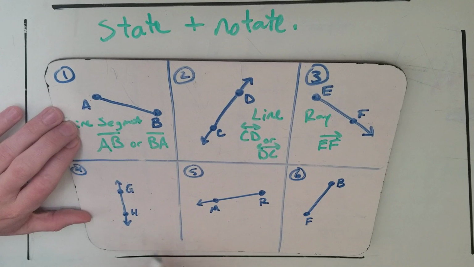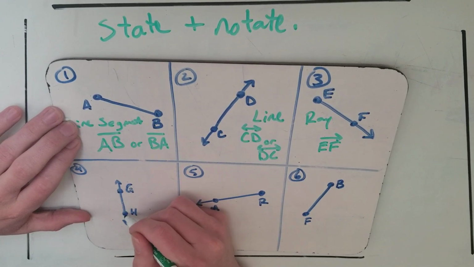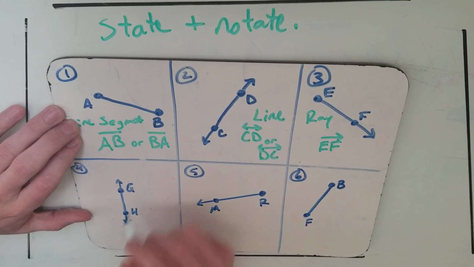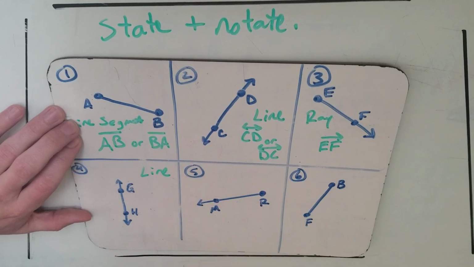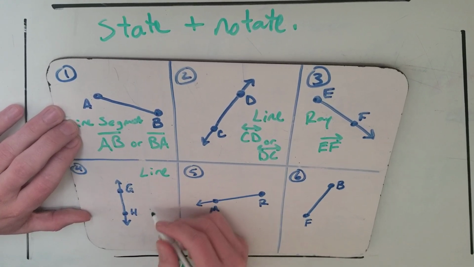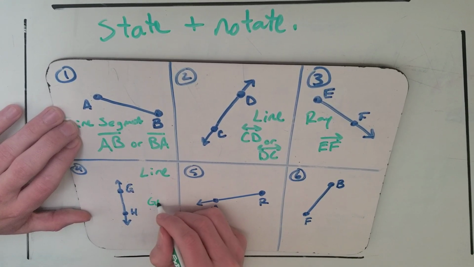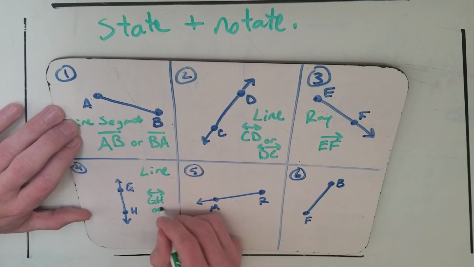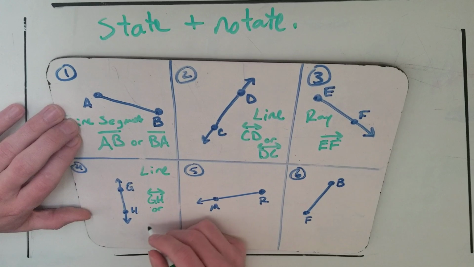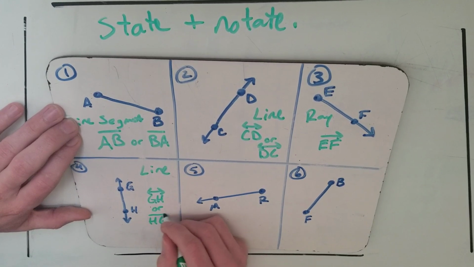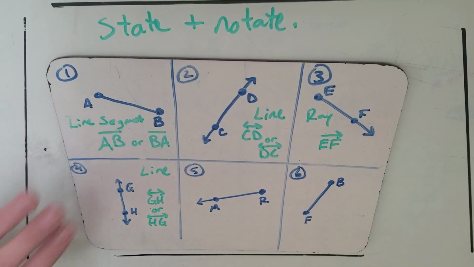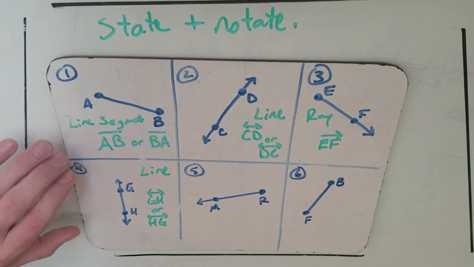Number 4 here, we have 2 points, and we're going on infinitely in both directions. That means we're working with a line, and we can notate this line either as line GH, which would look like this, or we can call it line HG. That would be okay as well, talking about the same line. Both are good.